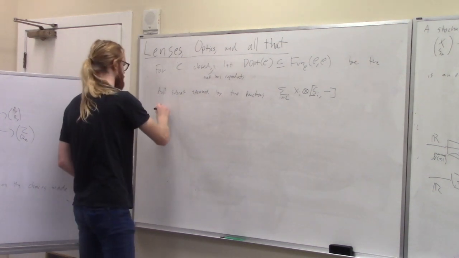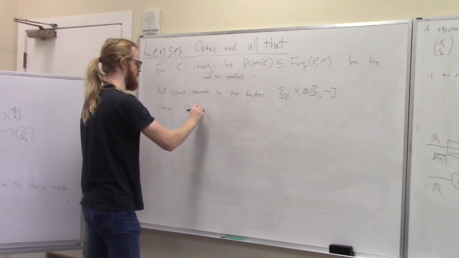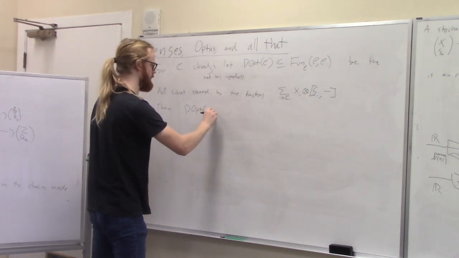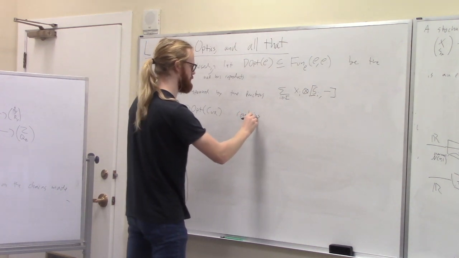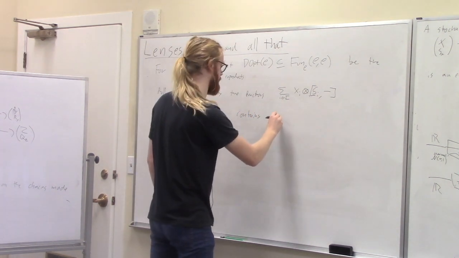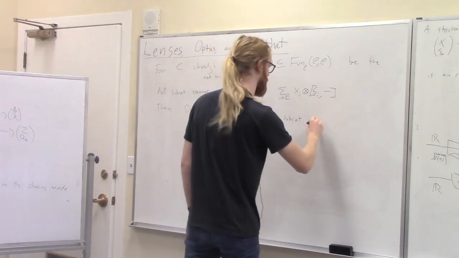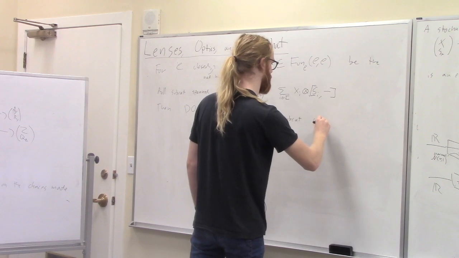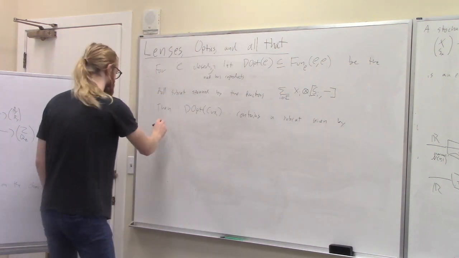Then D opt of convex spaces contains a subcategory given by the following.